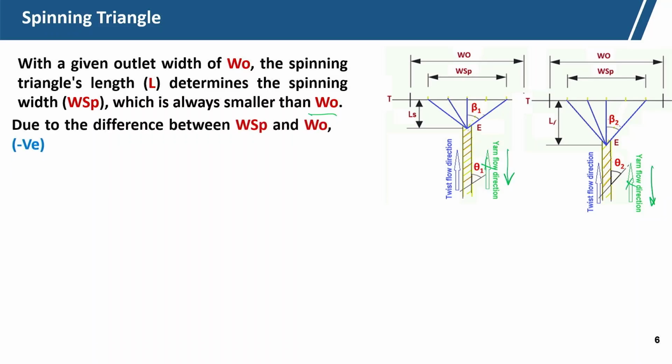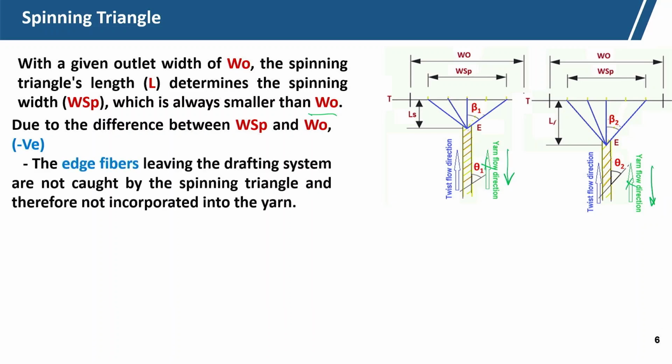Due to the difference between WSP and W0, which is a negative difference, the edge fibers leaving the drafting system are not caught by the spinning triangle. So, due to this width, the edge fibers will come out without entering the spinning triangle, and therefore are not incorporated in the yarn.